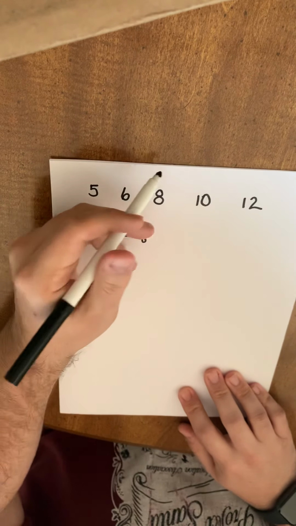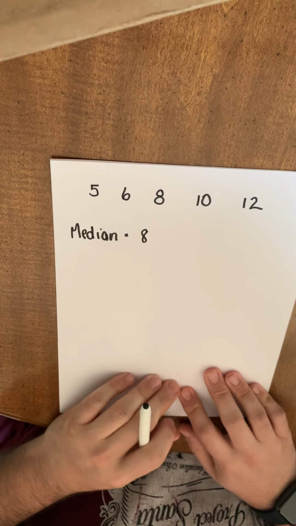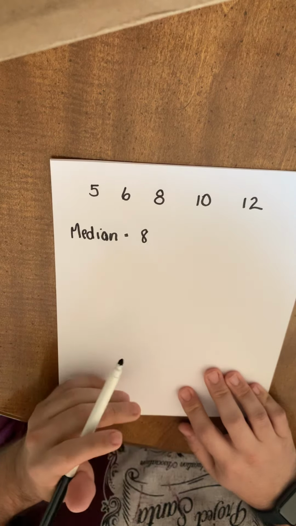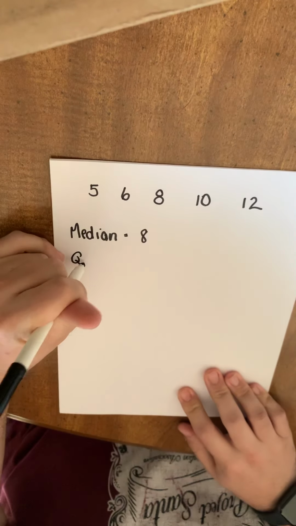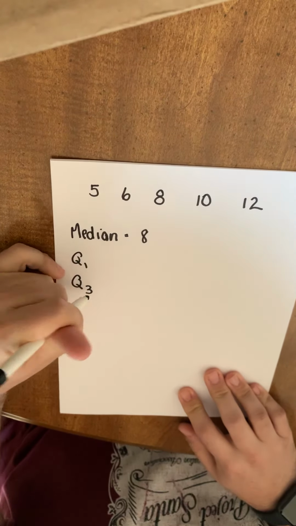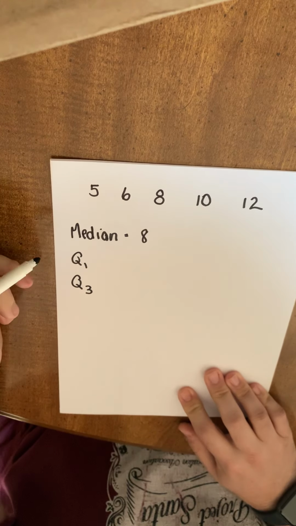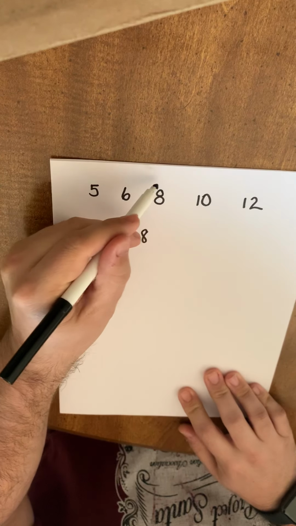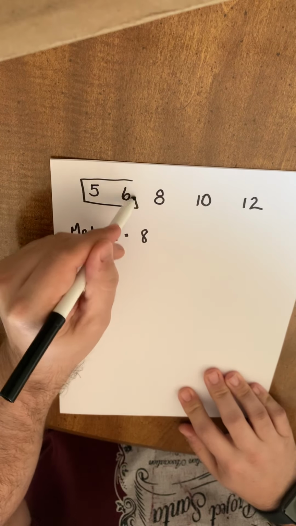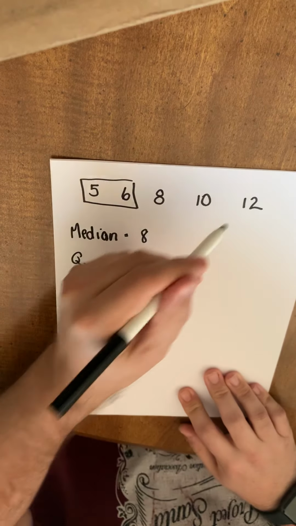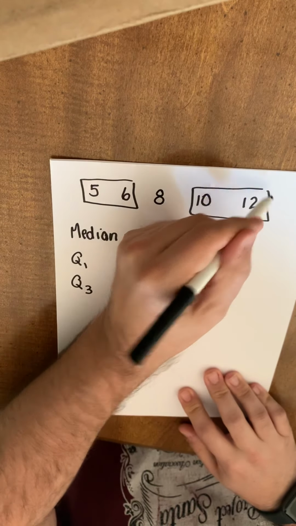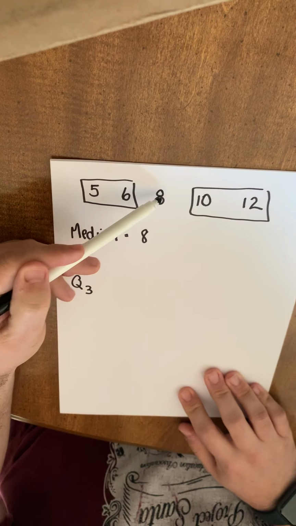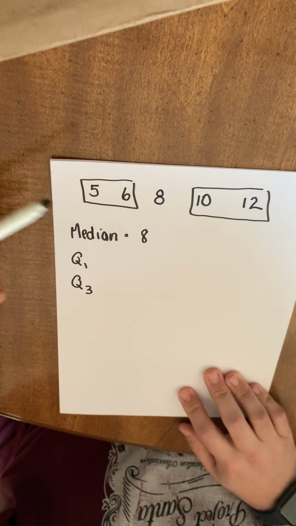Now we take a look at our Q1 and our Q3. If we remember from the first slide, Q1 is the median of the first half. The first half is right here, and the second half is right there. We're not going to count the 8 in our halves because we can't count it in two places.